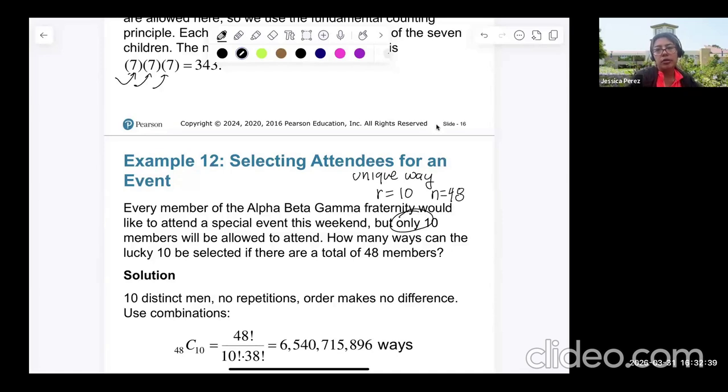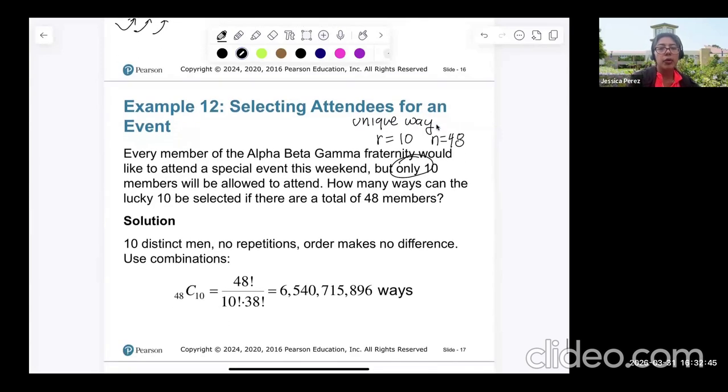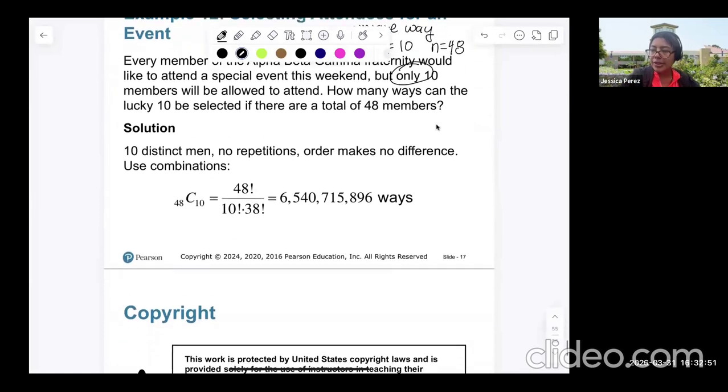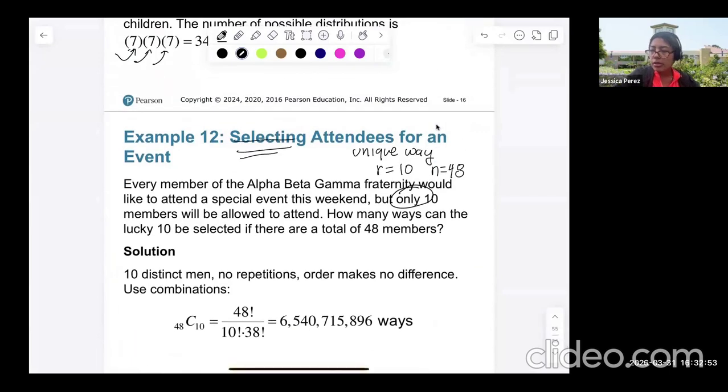Order does not matter, so it doesn't matter what order I choose in. Order makes no difference in the selection. Remember that word selection was a keyword for a combination.